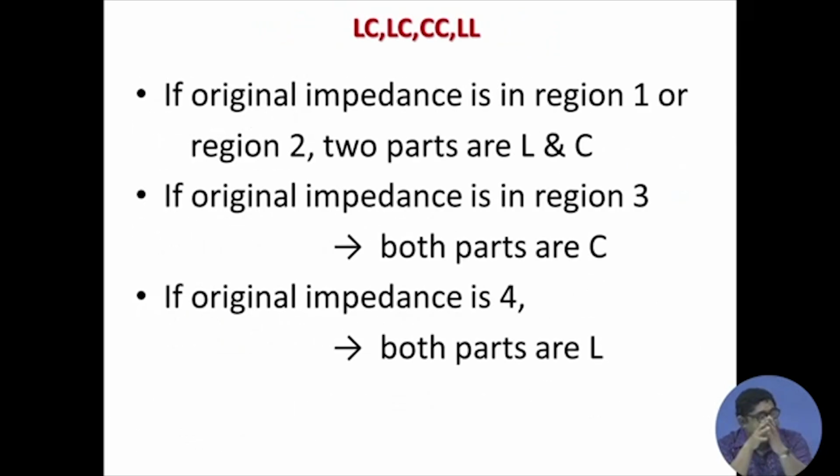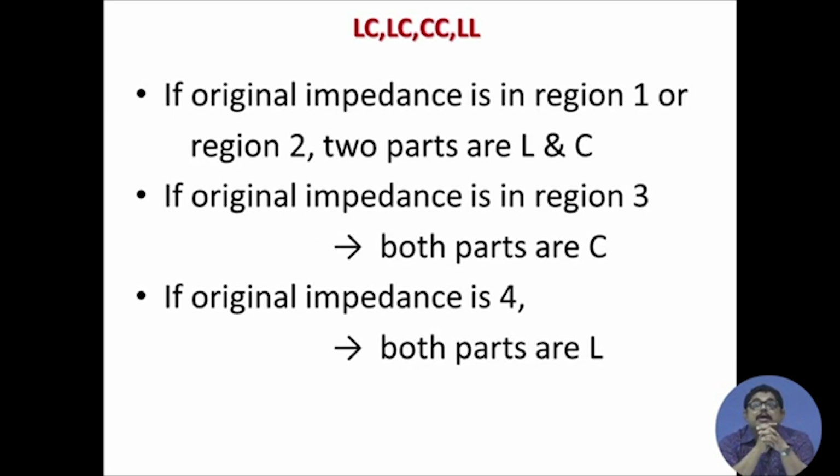And you see that if your original impedance is in region 1 or region 2, then of the two parts, one of them will be L, and the other will be C. That is why I have given this heading, LC, LC. So, for the first and second region, you have choices where both components are opposite, LC or CL.